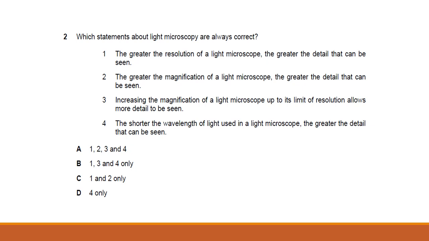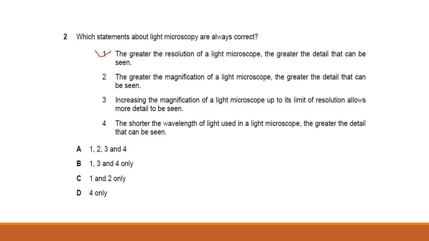And remember that resolution is being able to tell detail, being able to tell features apart. So yes, this would always be correct, that when resolution is high, more detail can be seen.